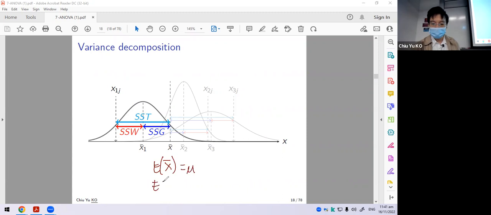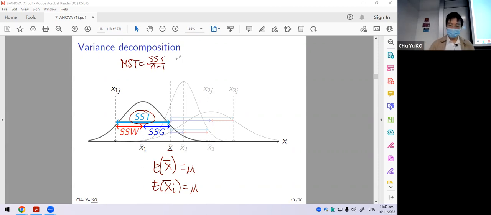If you look at this problem, you compare this estimate, the MST, which is SST over n-1. This is an estimate of sigma, right?